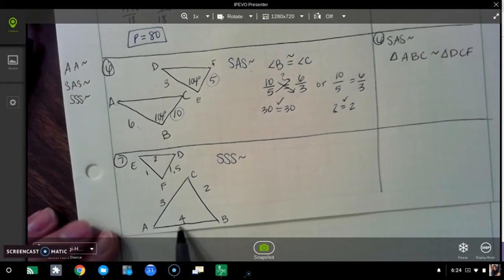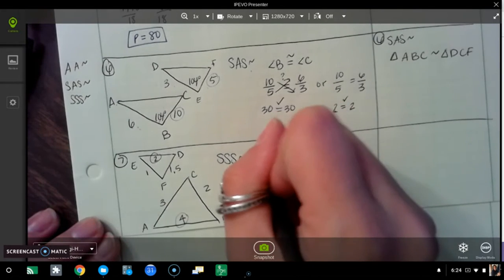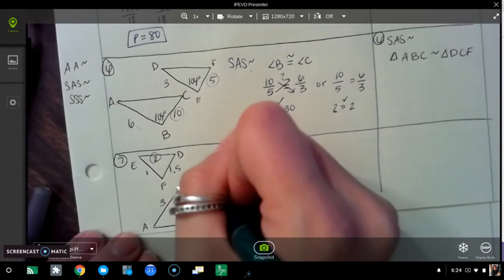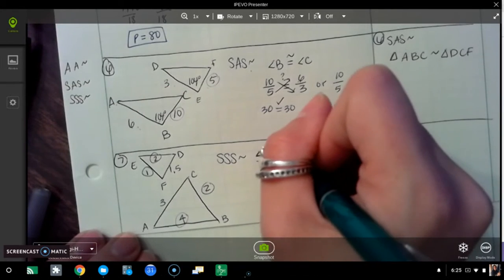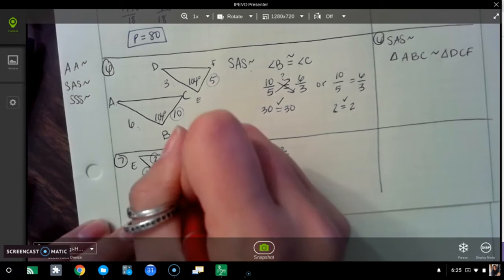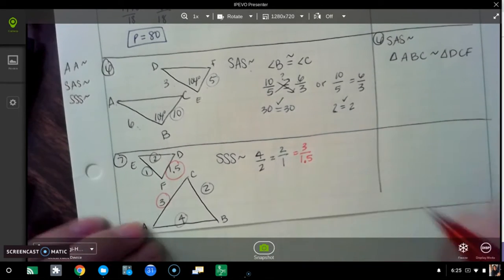We always do our biggest side over our biggest side first. So 4 is my biggest over 2. So I'm going to get 4 over 2. And then I do my smallest over my smallest, which is 2 over 1. So 2 over 1. This is my proportionality statement. And then the middle, the guy that's left out, which is equal to 3 over 1.5.